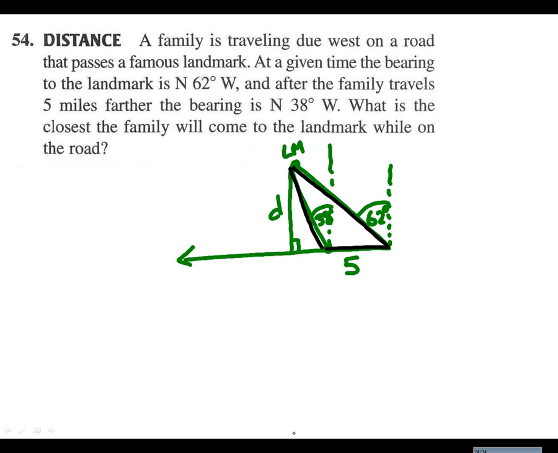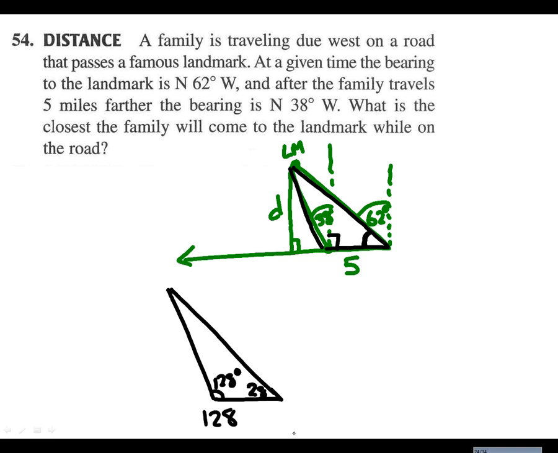But let's figure out if we can solve the original triangle here first. Let me redraw it over here to make it a little more clear. 62 taken away from 90 ends up being 28, so we've got 28 degrees in there. All right, 38 plus another 90 is 128, so that would be 128 for our obtuse angle.